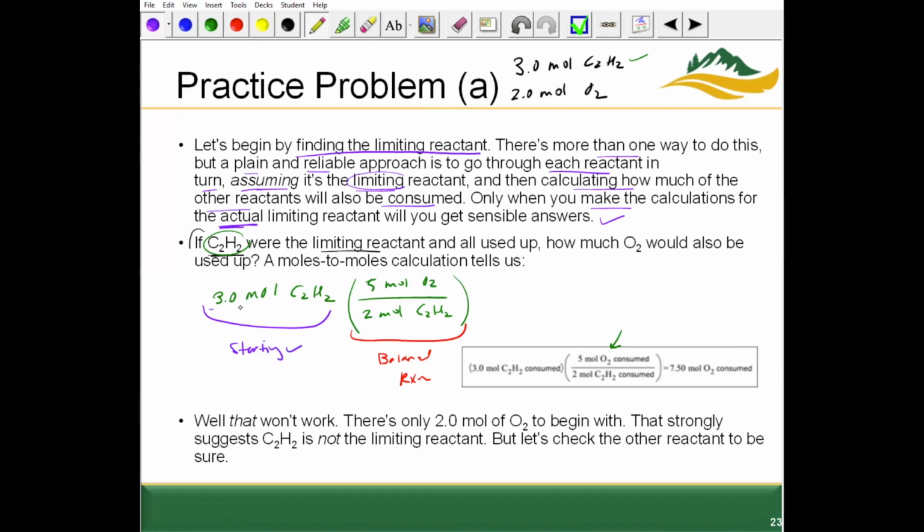So again, we're told we start with this amount. This has no correlation to how many moles are in the molar coefficients. So we're given this amount and we're using this mole to mole ratio to figure out for 3.0 moles of C2H2, how many moles does that require for O2 given this mole to mole ratio?